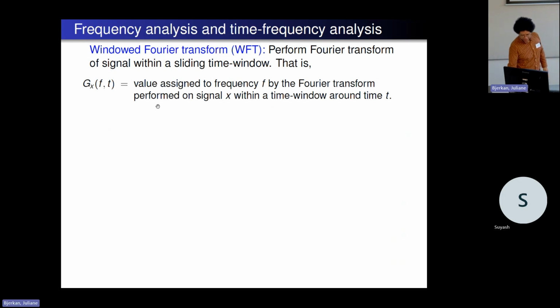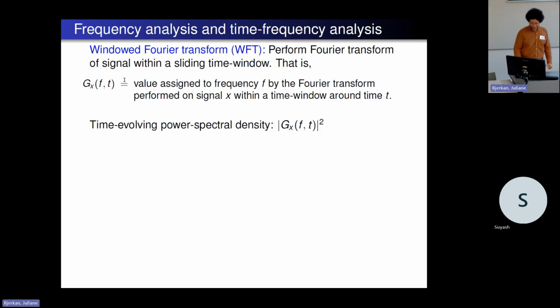And so if I have a signal x, then this G subscript X, that's my notation for the windowed Fourier transform, of any given input frequency f at a time t, is equal to the value assigned to this frequency f by the Fourier transform of the signal within the time window localized around time t. So we do the Fourier transform of the signal to get the value associated to frequency f, but just confined to this window around the time t, and then this t slides along.